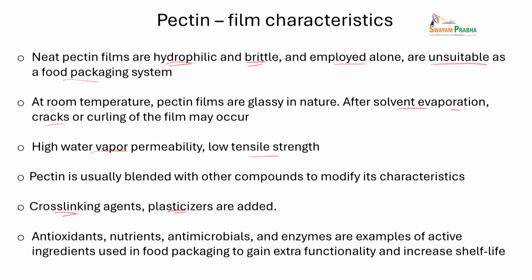We saw the use of plasticizers in starch and other materials, which make the chains a little more flexible, give more elongation, and avoid brittleness. In addition, you can also add antioxidants, nutrients, antimicrobials, sometimes enzymes, depending upon what functional role you want the film to perform.